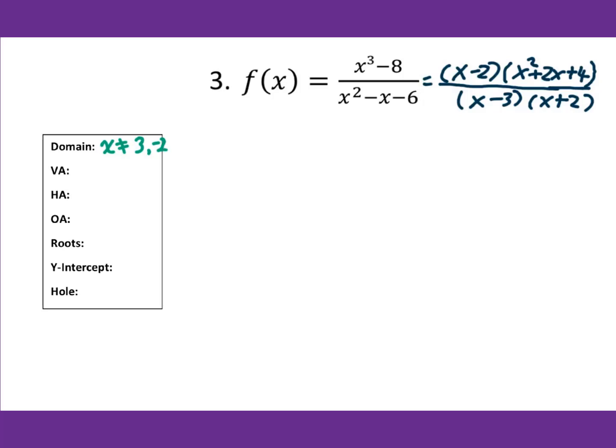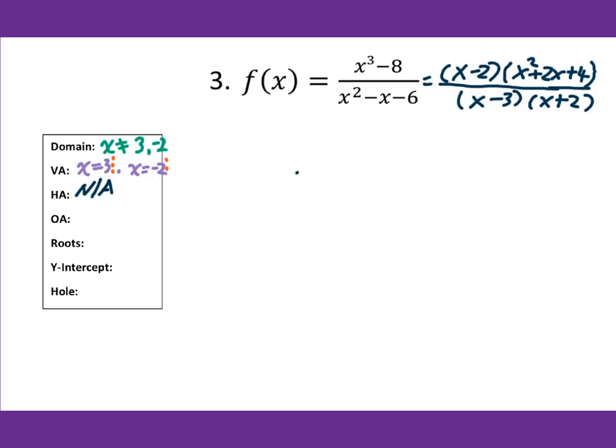For your vertical asymptote lines, that's x equals 3 and x equals -2. There is no horizontal asymptote line. There is an oblique asymptote line because the leading term for the numerator is 1 degree more than the denominator.